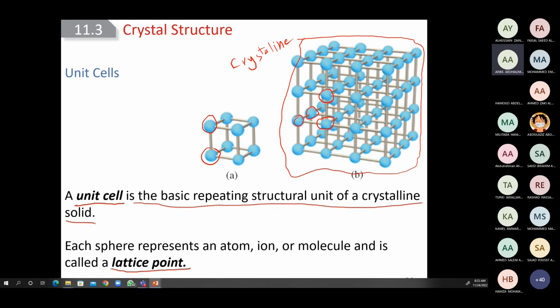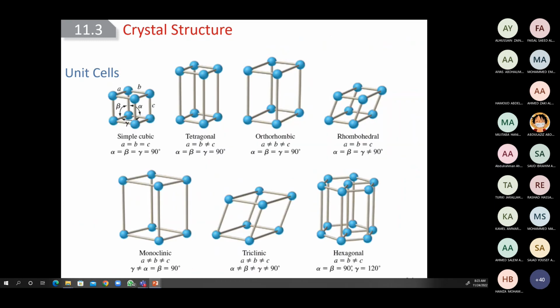These are the corners of the lattice point. Now, this is called a unit cell. Now, we have many unit cells, all with different names. We have what's called simple cubic, tetragonal, orthorhombic, rhombohedral, monoclinic, triclinic, hexagonal.